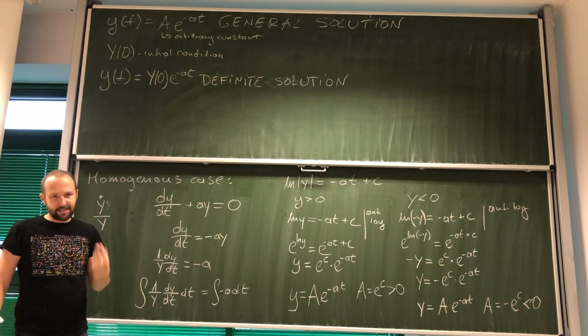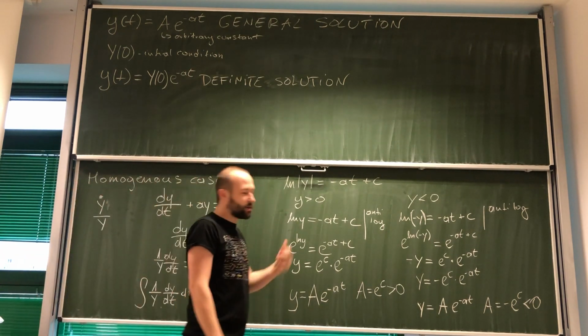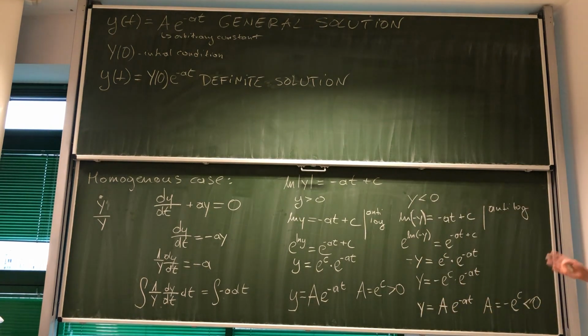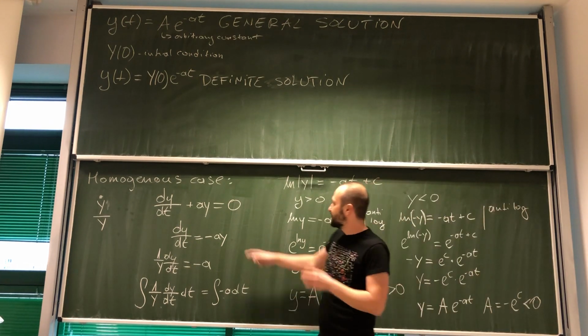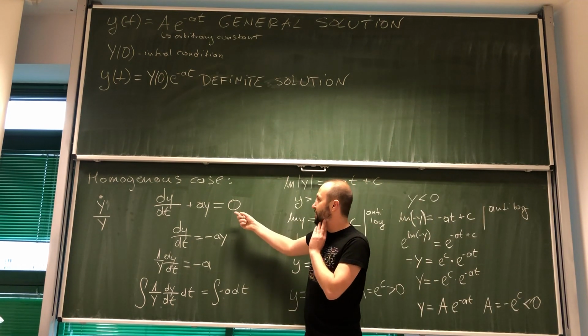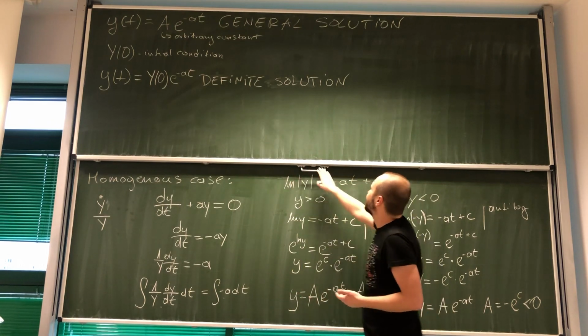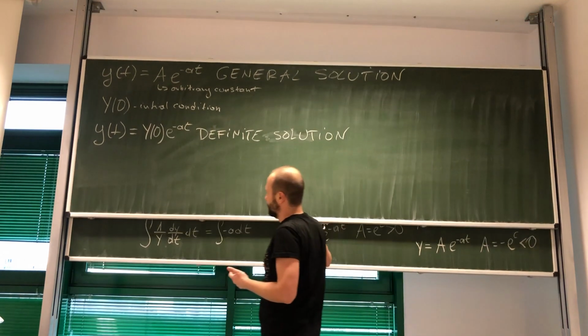And this is not a very interesting case because it gives us just one of infinite number of possible cases where b can be a different number. So in the next step, what we need to do is to deal with the non-homogeneous case.